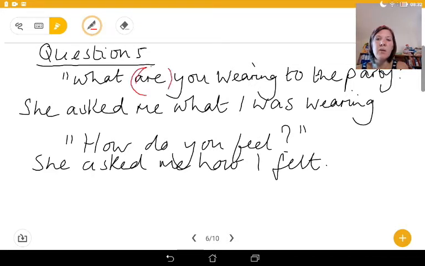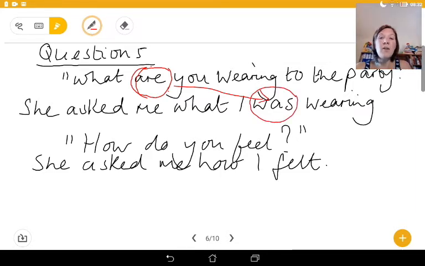First of all, we've got our verb in the present and we've back shifted to the simple past. The other thing to notice is that when you report it, it is no longer a question. Okay, here there isn't a question mark.